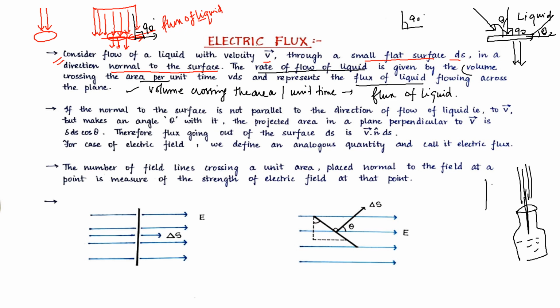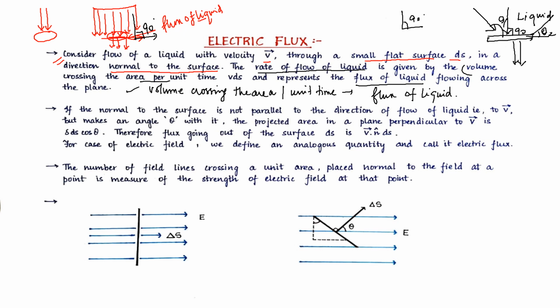But when this is the flow and your bottle is like this, only this amount will go inside, the remaining will go down. Only this will start filling up the bottle. So when you change an angle, there will be a change even in the flux, or in the rate of flow of that liquid. So this is on the basis of liquid.